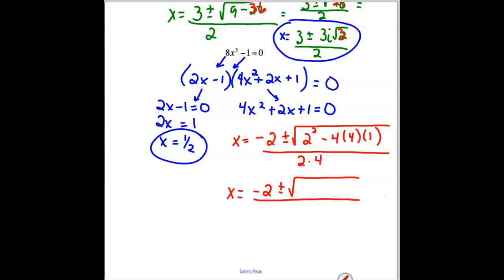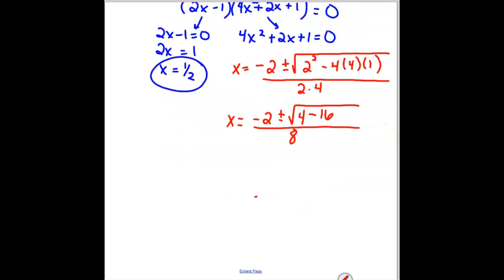Our denominator here would be 2 times 4, which is 8. And then inside our square root, 2 squared is 4. We're subtracting 4 times 4 times 1, so we're subtracting 16. So x equals negative 2 plus minus the square root of negative 12, all divided by an 8.